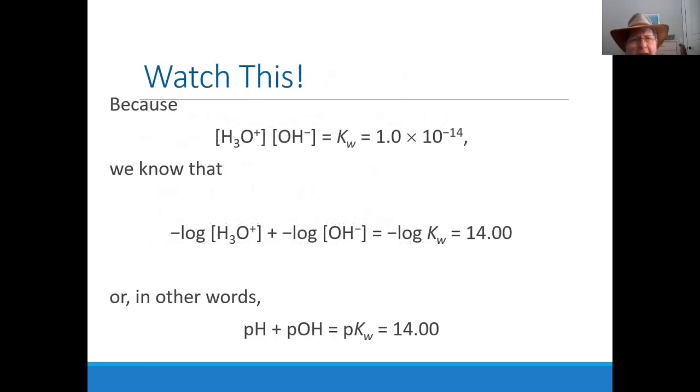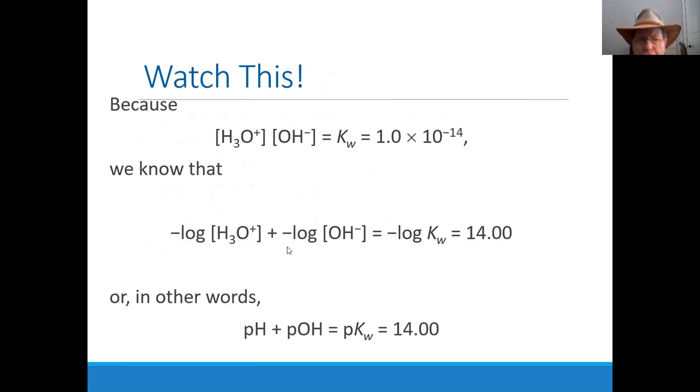So if my H3O+ concentration times my OH- concentration is equal to Kw, that means that it's equal to 1 times 10 to the minus 14th. If I take the negative log of my H3O+, my negative log of my OH-, which is my negative log of Kw, they're all equal to 14.